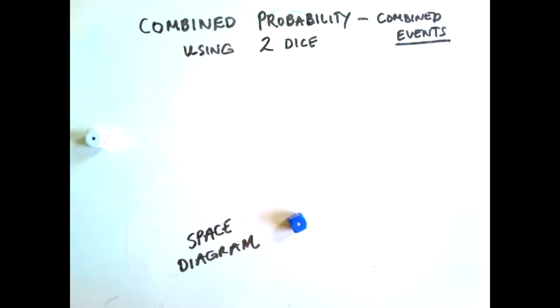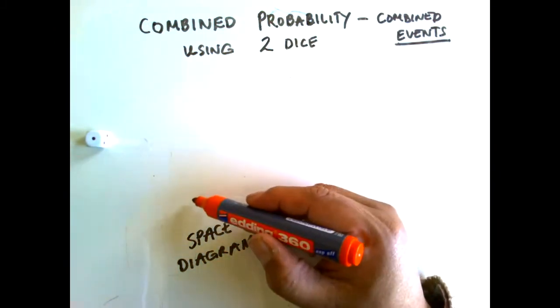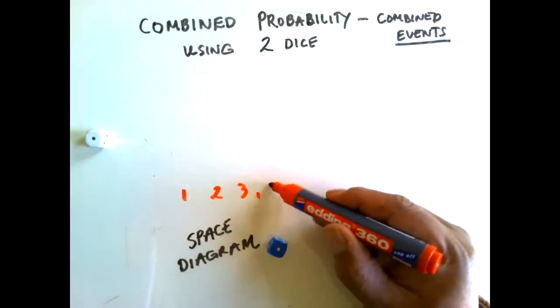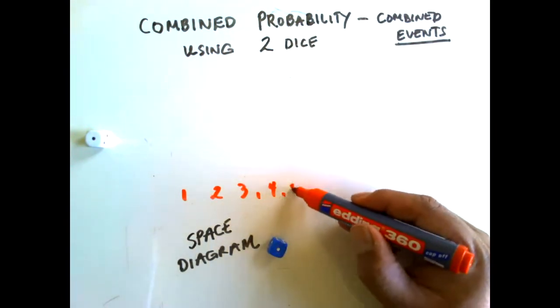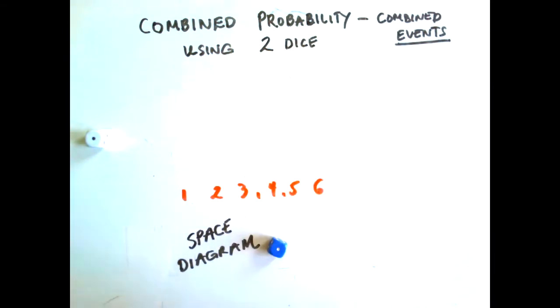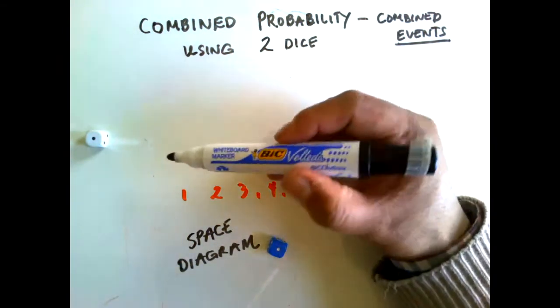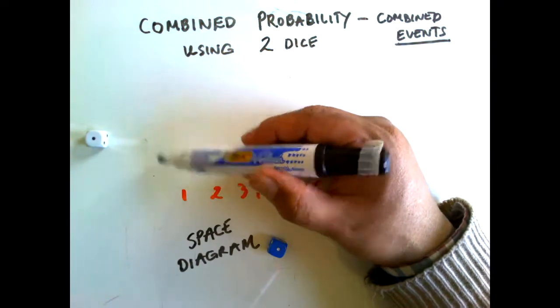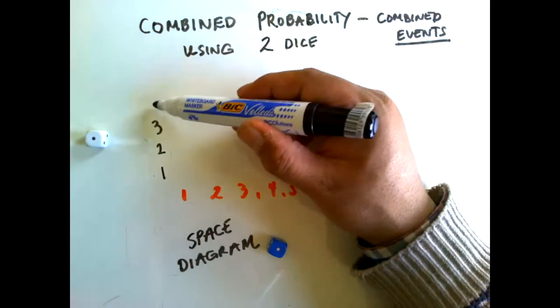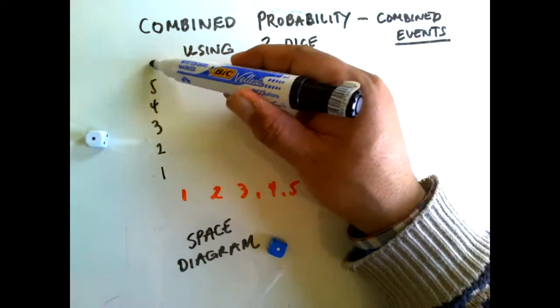So with the blue die, the results could be 1, 2, 3, 4, 5, and 6, and with the white die, the results could be 1, 2, 3, 4, 5, and 6.